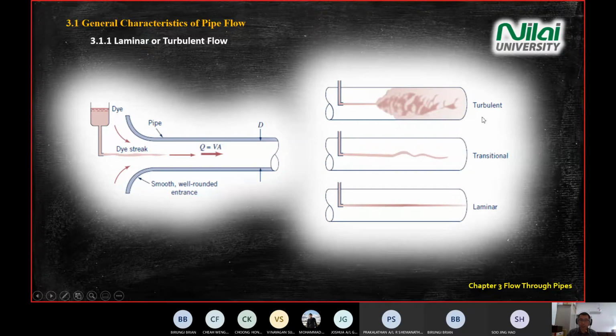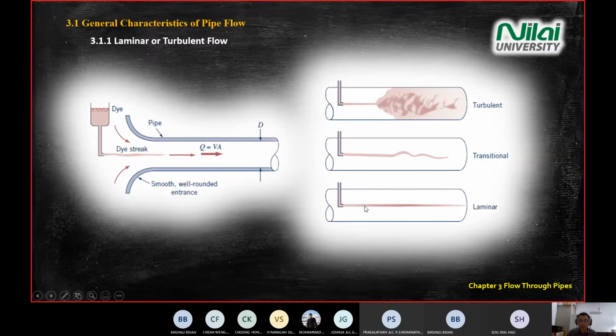So the first scenario is called turbulent flow, when there's a mixture or disturbance inside the pipe. The last one is laminar, which means you have a straight line, and the flow is uniform and in one direction.